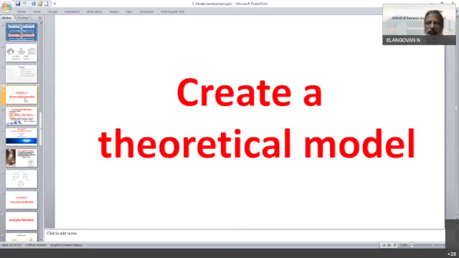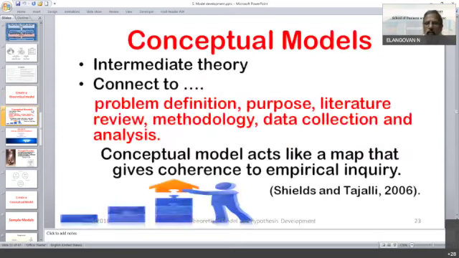Okay, so we are here creating a theoretical model. I told you how to develop a theoretical model. Now coming to the conceptual model.